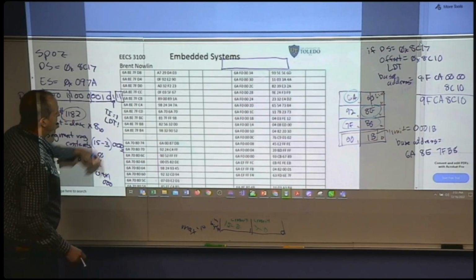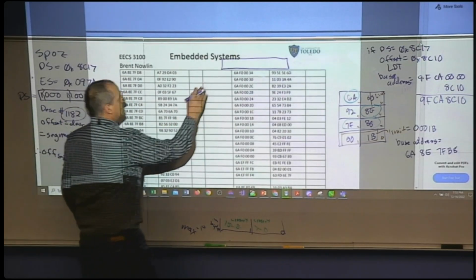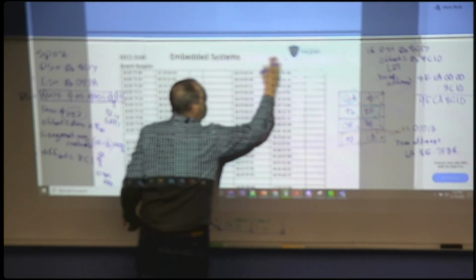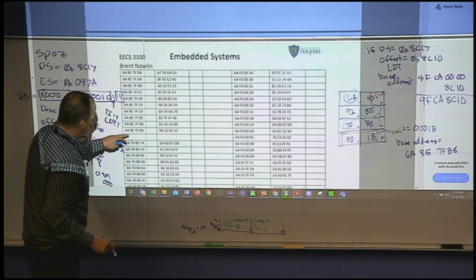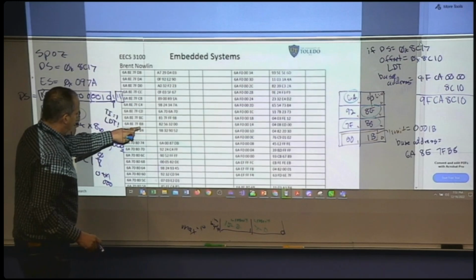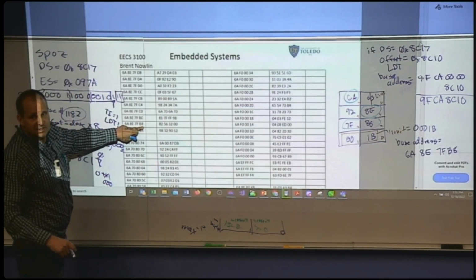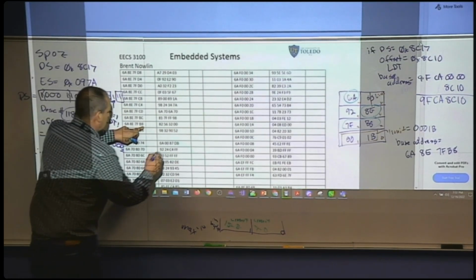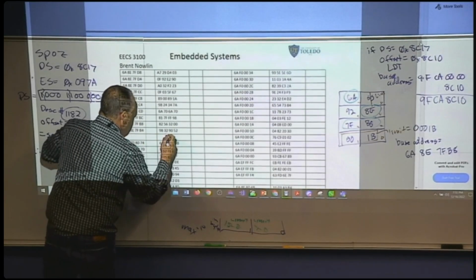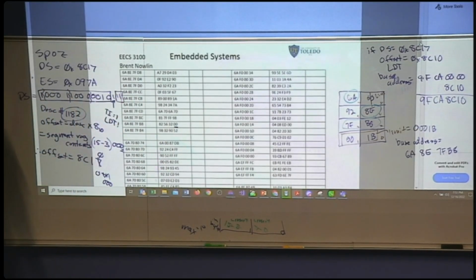Where is that segment in this memory? Right here, right? This is the beginning byte in the segment, guys. This is the base address. This is the byte at the base address. See that?